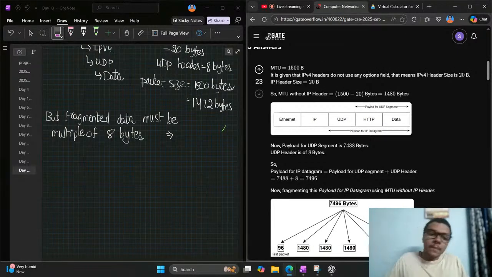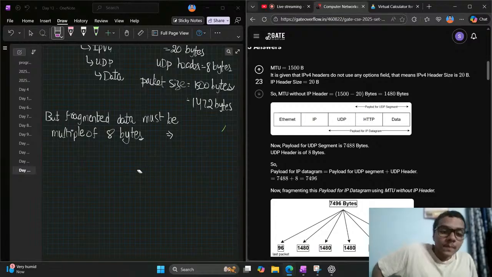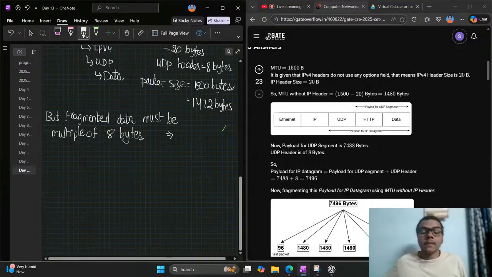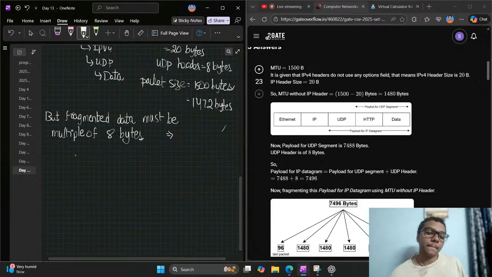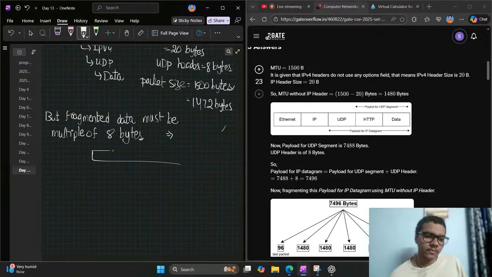So UDP payload is 7488, but UDP also has a header. I see. So the packet contains an IPv4 header, a UDP header, and payload. Let's assume this is the entire data.